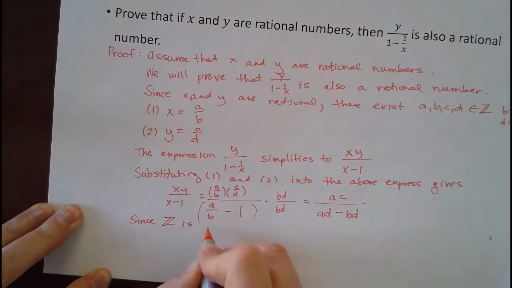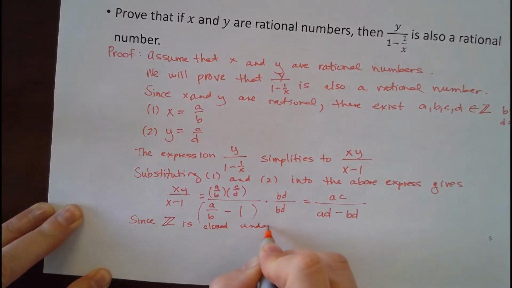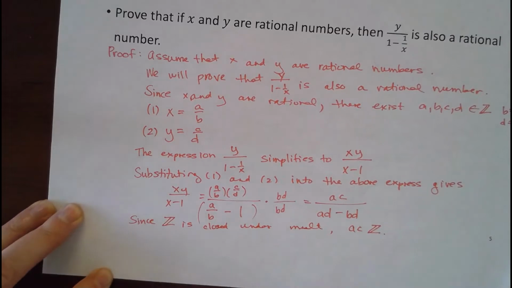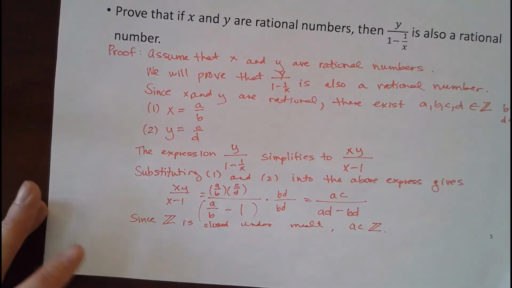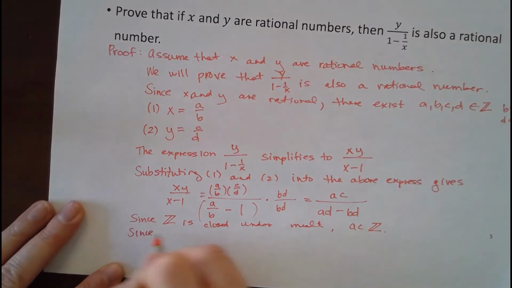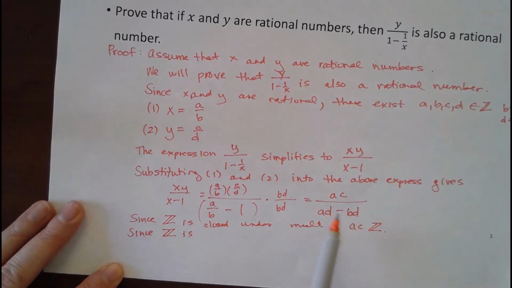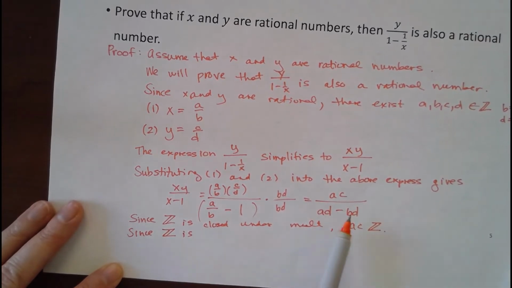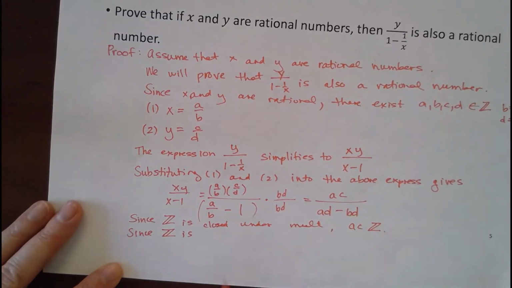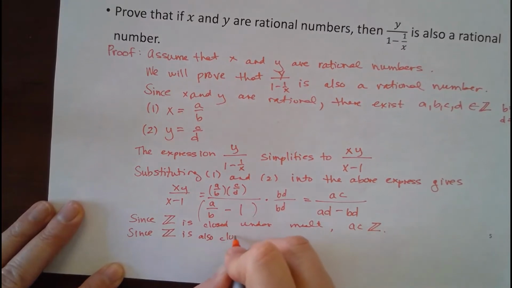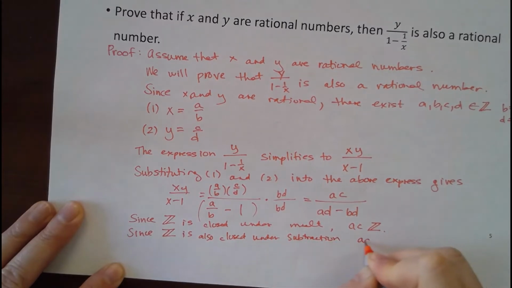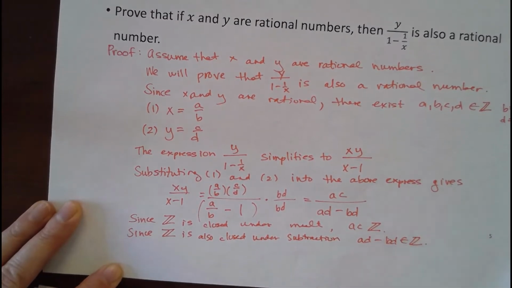Since Z is closed under multiplication, AC is an integer. Okay. And then what about the denominator, the AD minus BD? So we've already established that A times D and B times D, that's multiplication. But we also have the subtraction, since it's also closed under subtraction, that AD minus BD is also an integer.